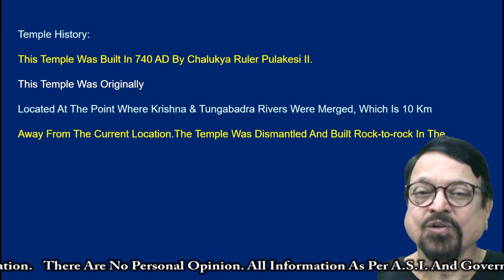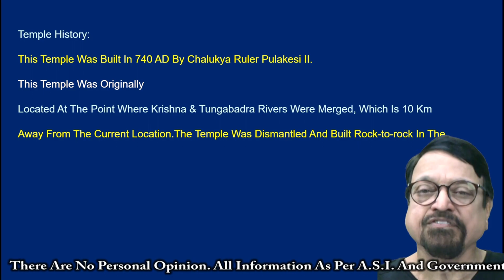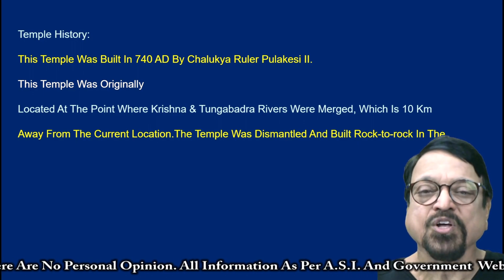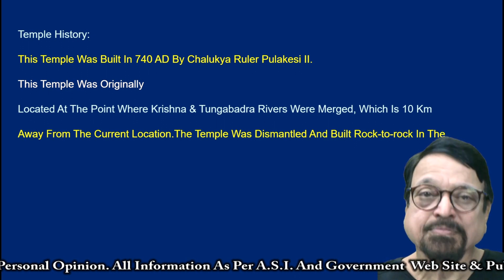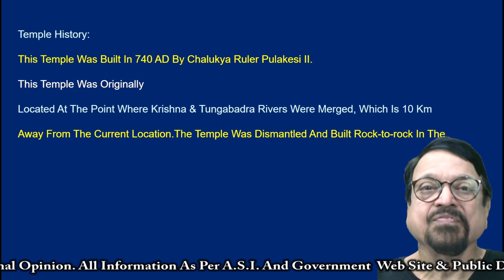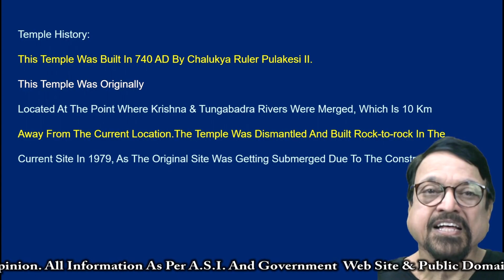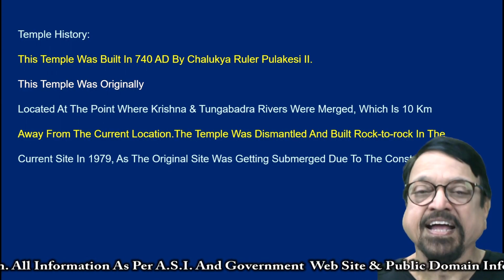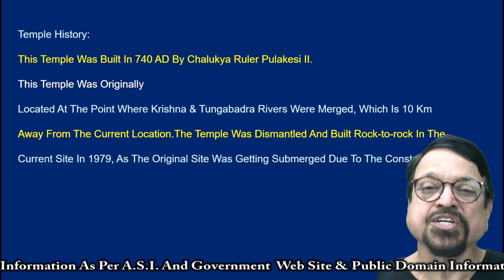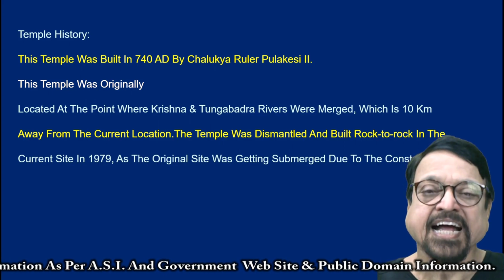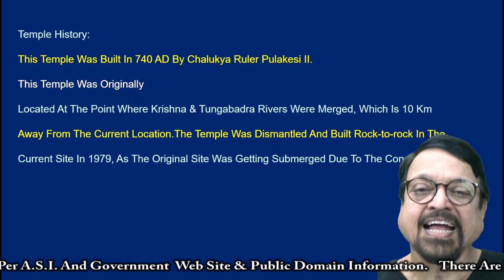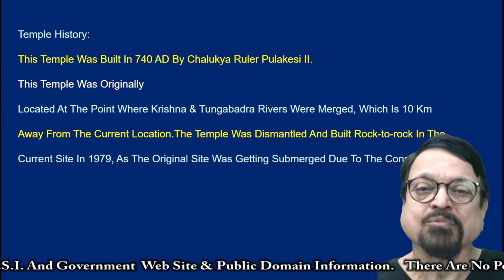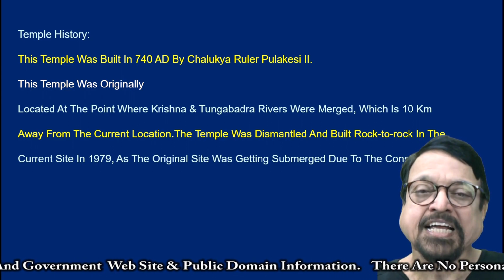The original location is 10 kilometers away. So it is shifted from there, where there is a confluence of Krishna and Tungabhadra. The temple was dismantled and rebuilt stone by stone in the same way as the original, in the year 1979. Why was it done? Because they had a dam in that area, because of which the water level was likely to rise.